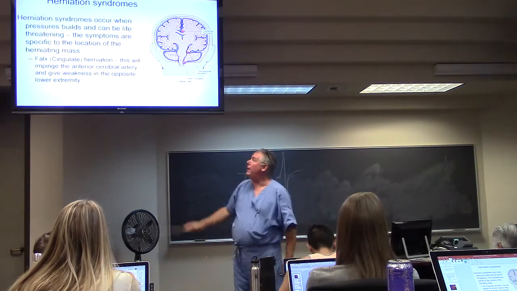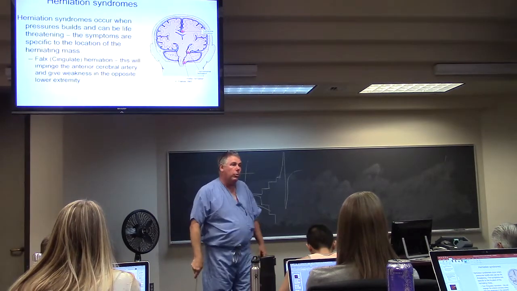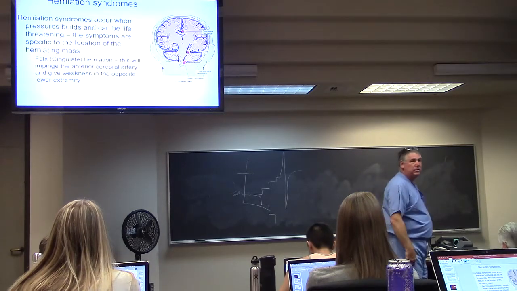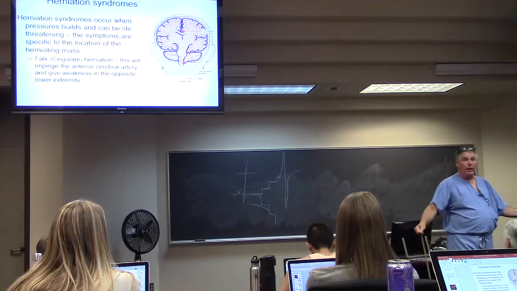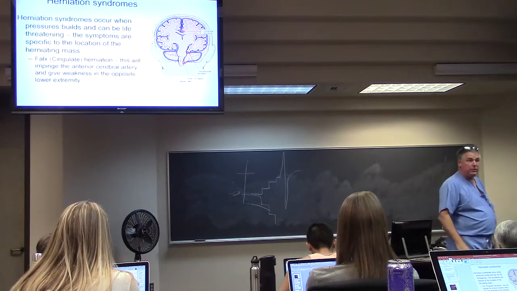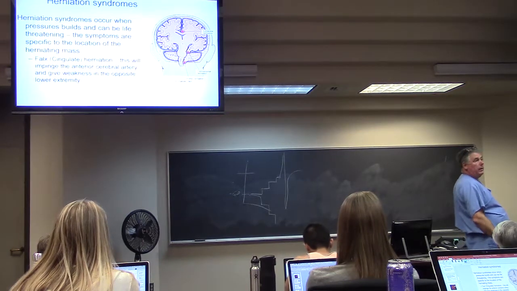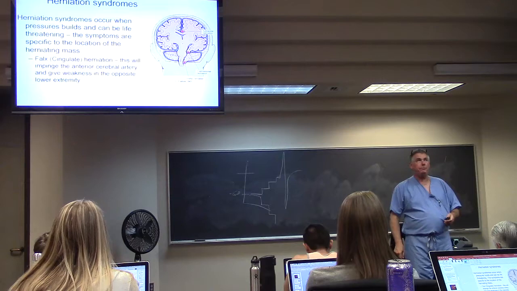The problem with that is that it usually occludes the anterior cerebral artery, and you're going to wind up with weakness, paralysis, paresthesias of the lower extremities. Why lower extremities? Because remember the homunculus, your lower extremities are in the midline, and you're looped back over top of the brain like that.